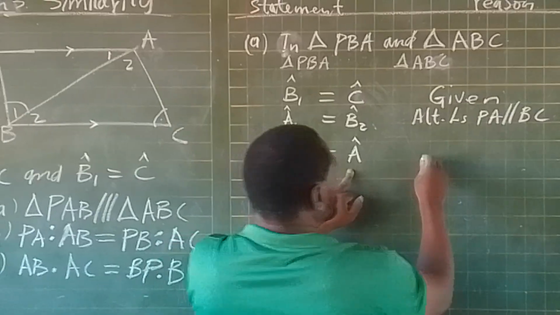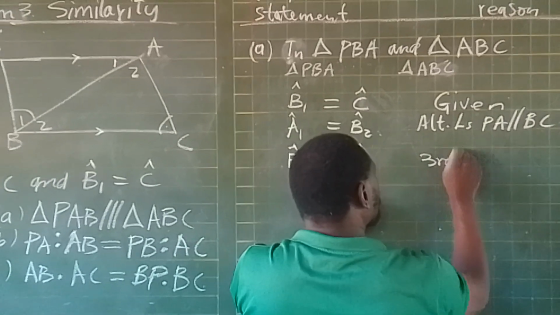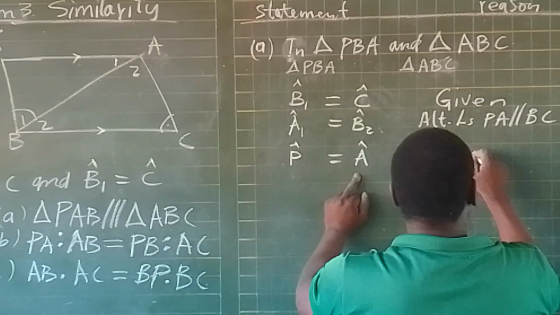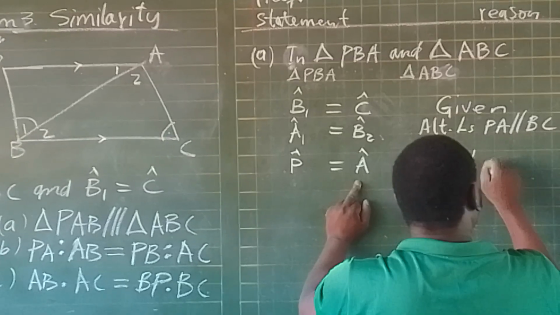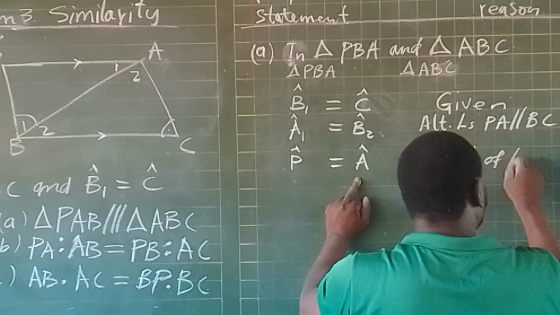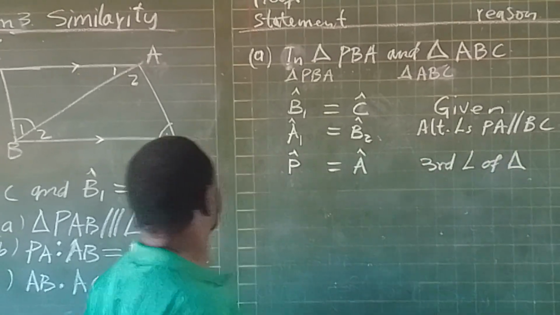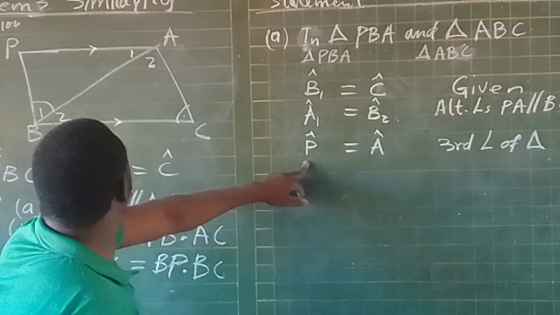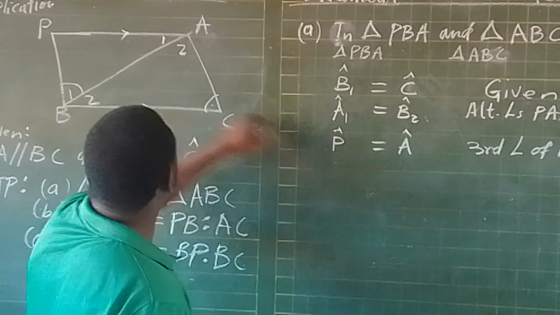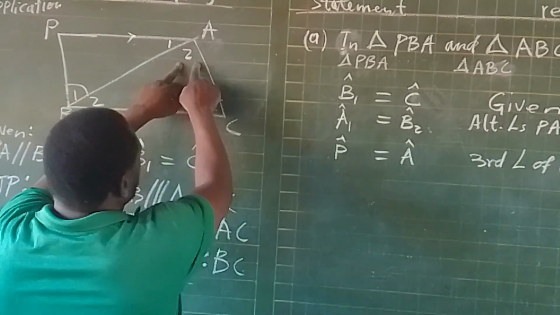It's A, the third angle of a triangle. So P is equal to A, which is A2.